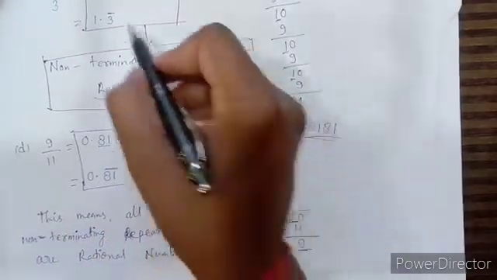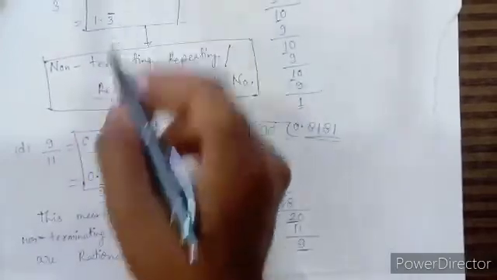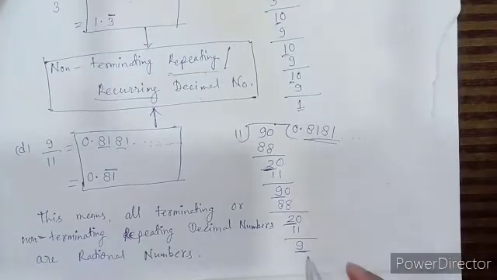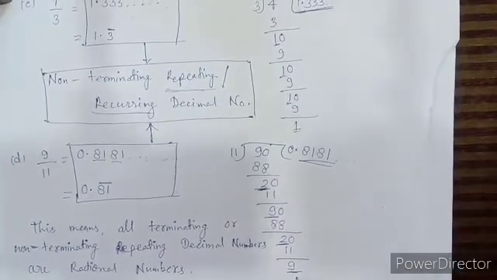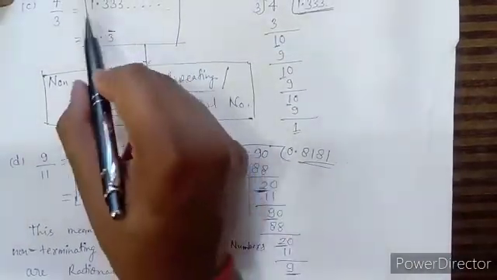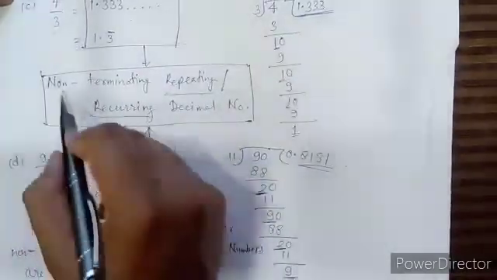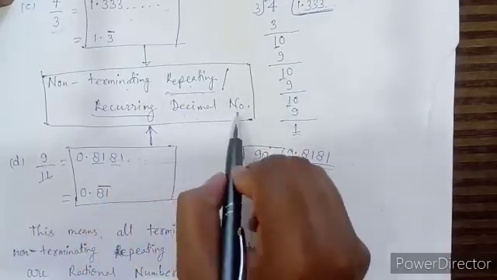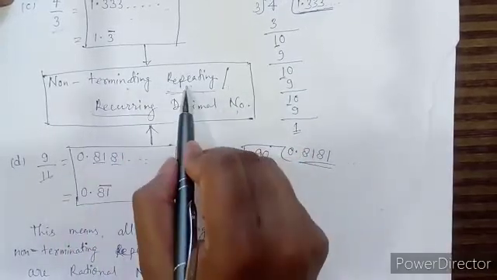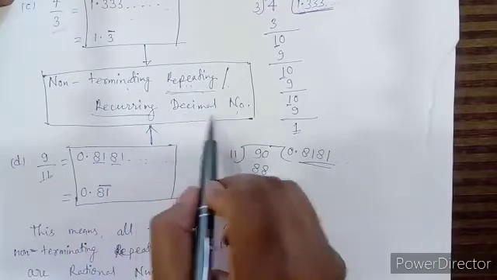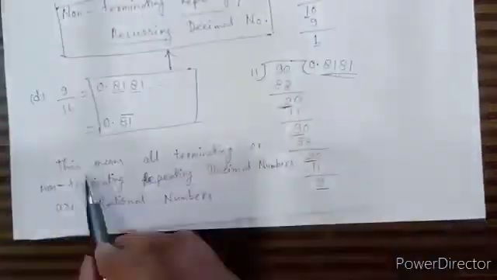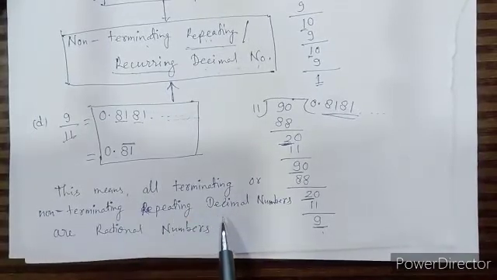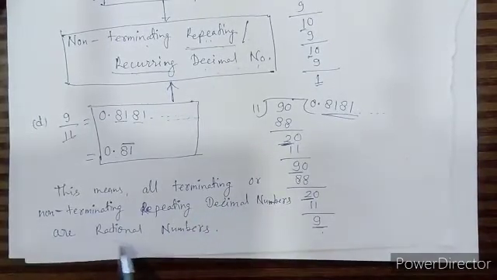In such repeating numbers, the remainder keeps coming again and again, so such numbers are known as non-terminating, repeating, or recurring decimal numbers. This means all terminating or non-terminating repeating decimal numbers are rational numbers.